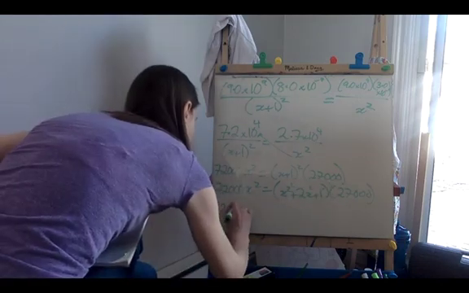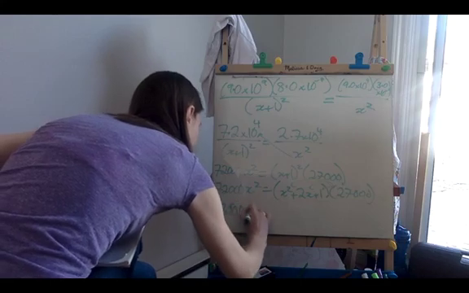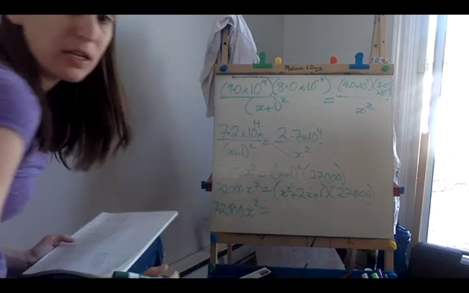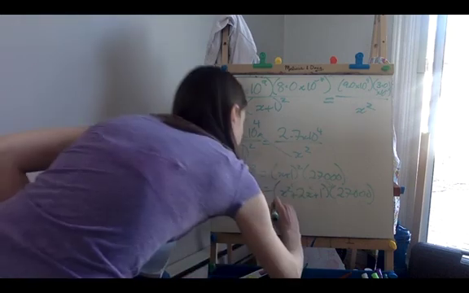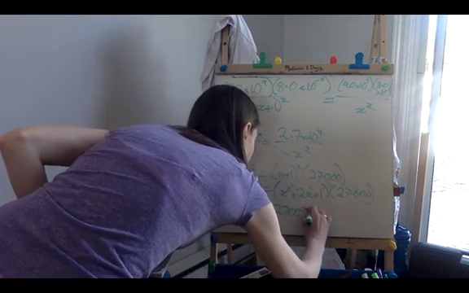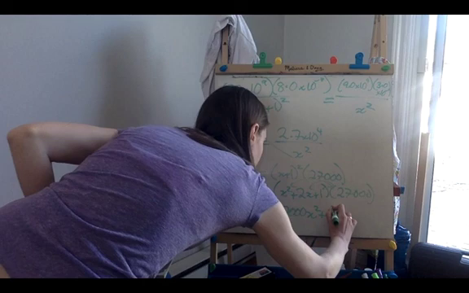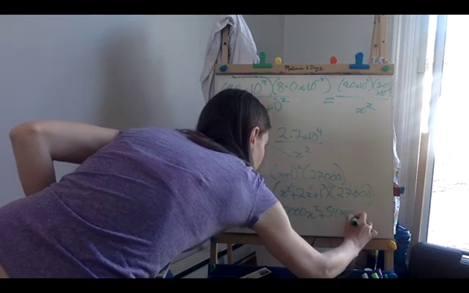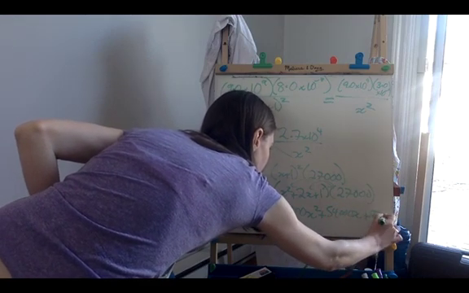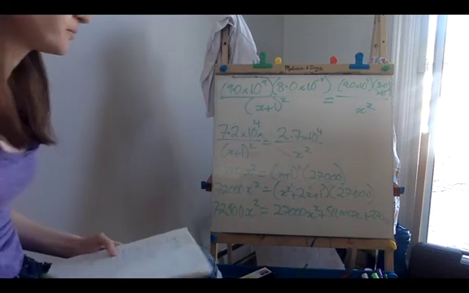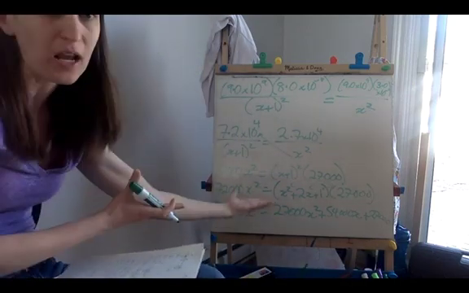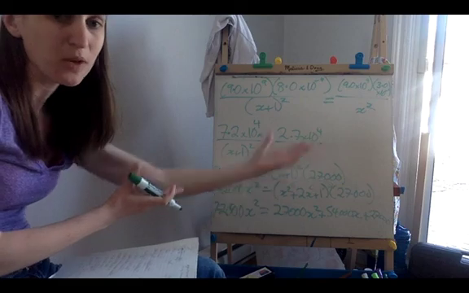So what you get is this: 72,000 x squared is equal to 27,000 x squared plus 54,000 x plus 27,000. And it's a quadratic.